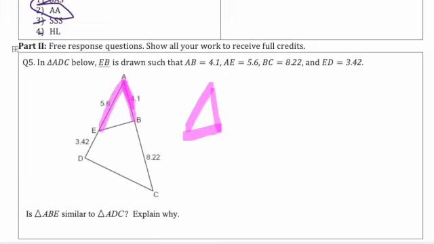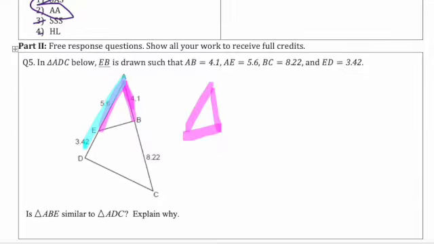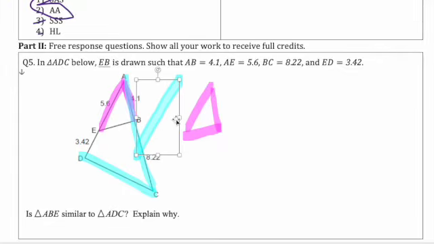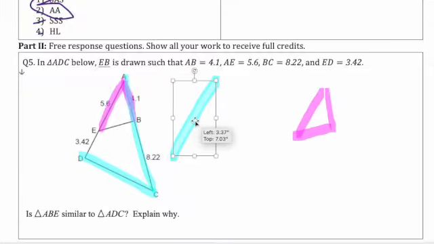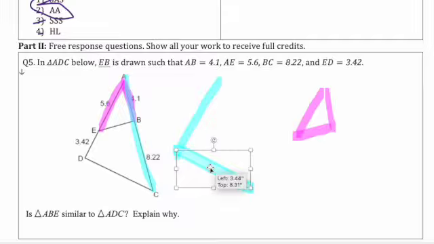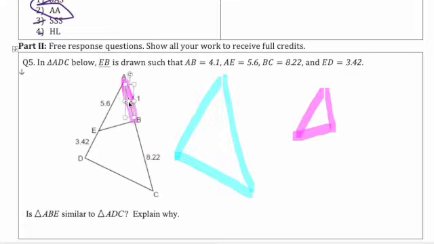Now I want to draw this. And now you can see, right, the two triangles happening here. I'm going to move this over. Okay, so let me just label these.